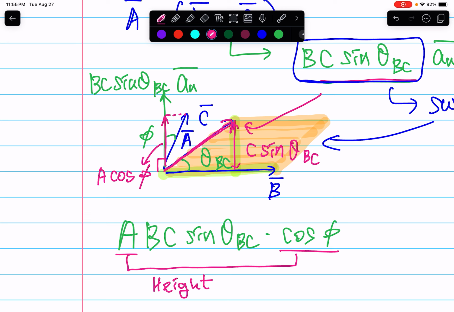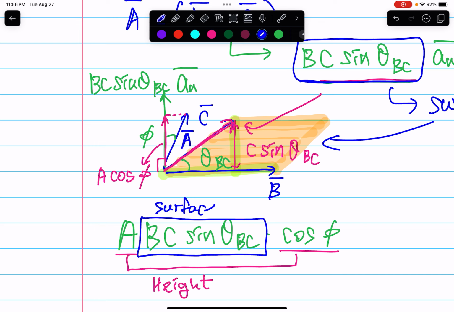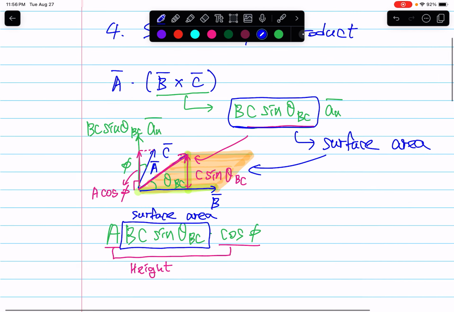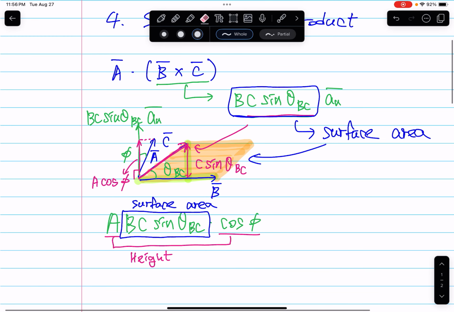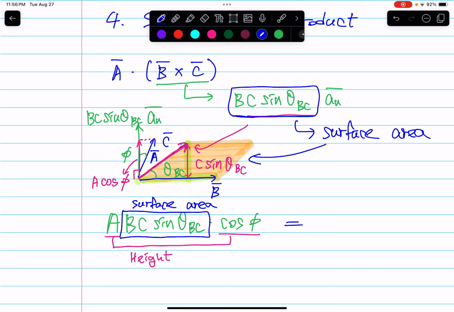And these guys right here are the surface area. Okay, BC sine theta BC was the surface area, as discussed earlier. So it's surface area times height. So the whole thing is a volume. The result is a volume. Okay.